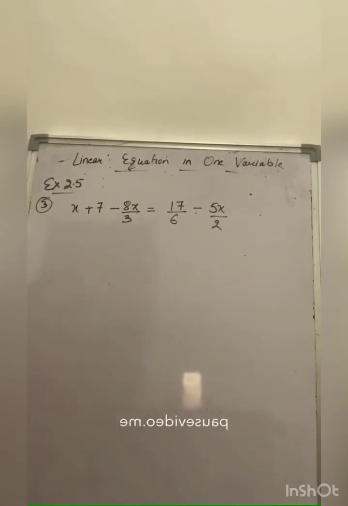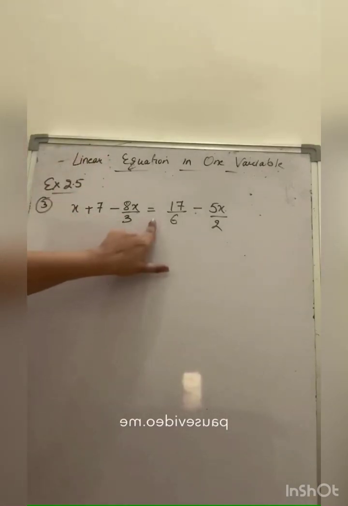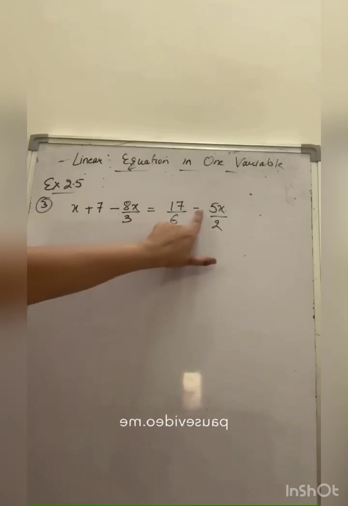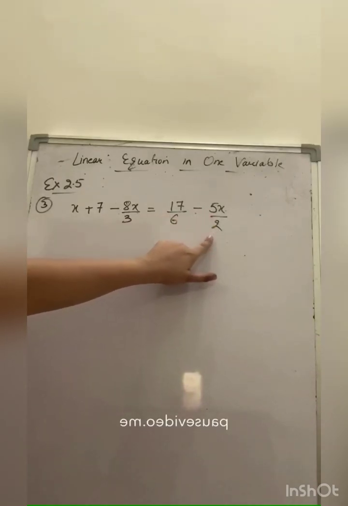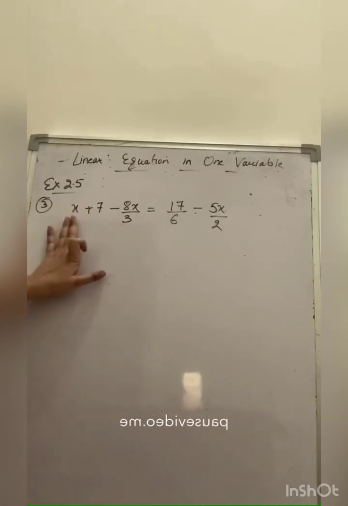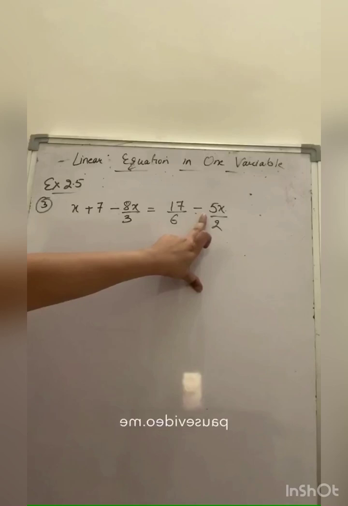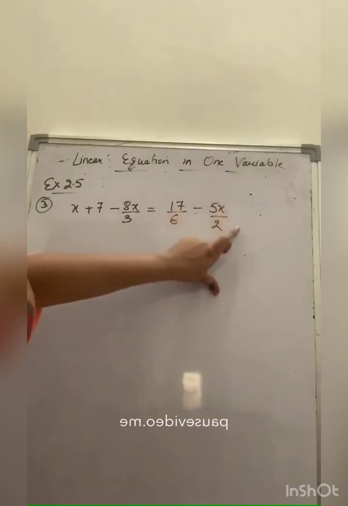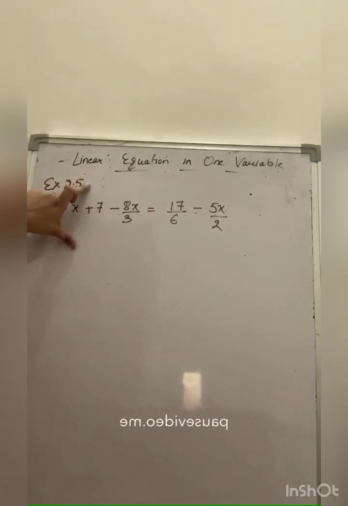See question number 3. x plus 7 minus 8x by 3 is equal to 17 by 6 minus 5x by 2. Now again we can see here there are two terms containing x on the left hand side and one term containing x on the right hand side. So we will bring this term to the left hand side, right?